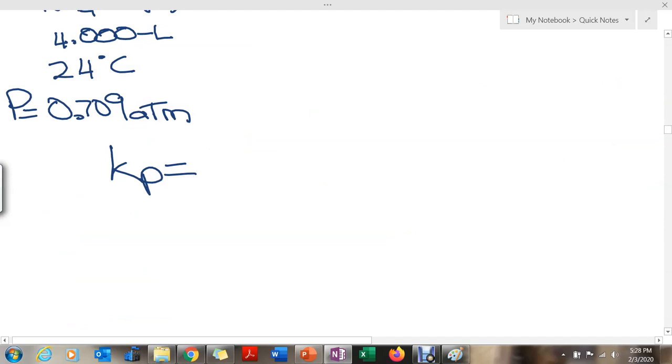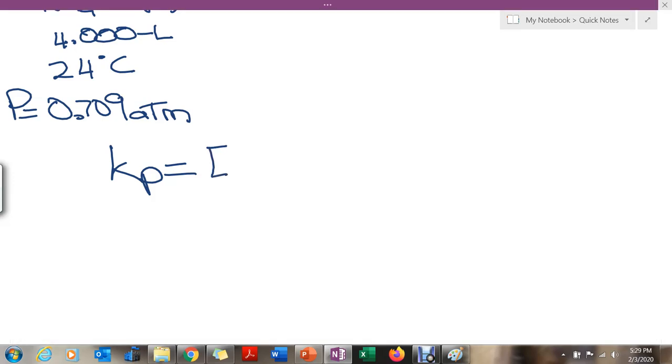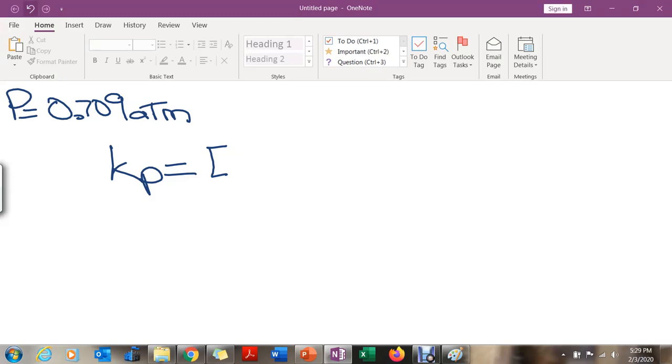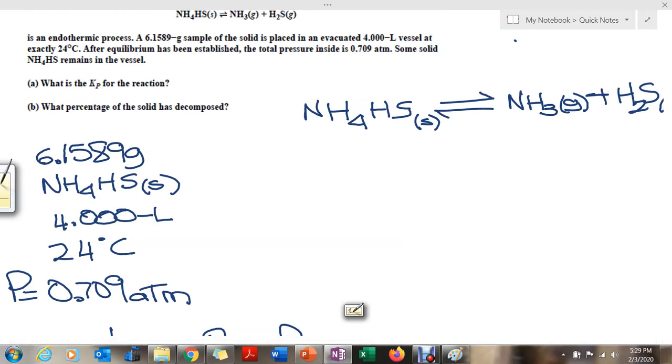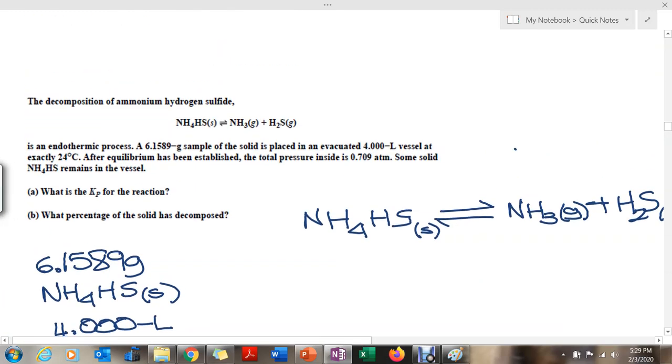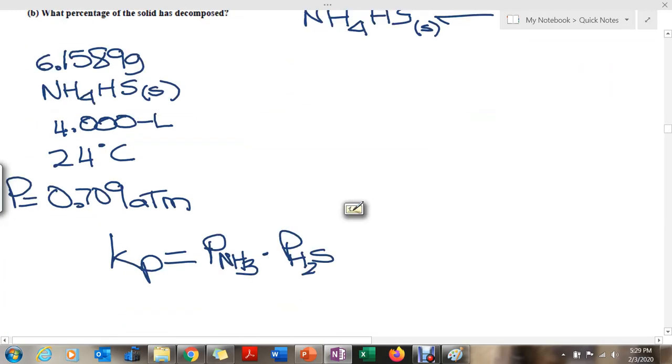But you don't put the solid in the equilibrium expression. So it would be the partial pressure of NH3 multiplied by the partial pressure of H2S, and looking at the equation, the coefficient is 1 for each. So that's the Kp.